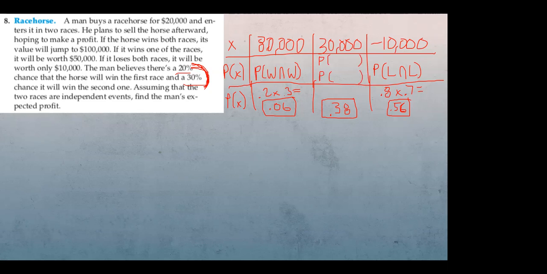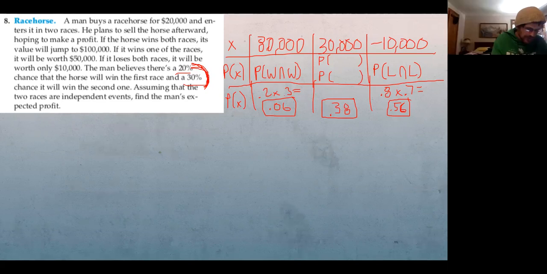It loses the first and wins the second, and then vice versa. There you go. So it could be win and loss, or it could be loss and win. And it's either one of these, so we have to add these together.